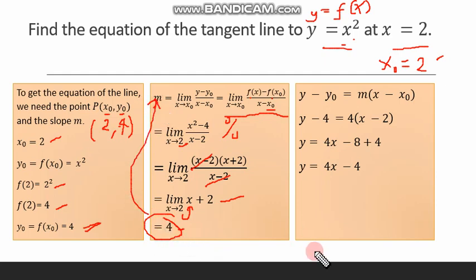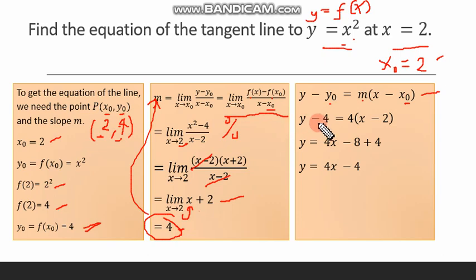Okay, the second step is to get the equation of the tangent line using the point slope form. y minus y sub 0 is equal to m times the quantity of x minus x sub 0. The x sub 0 is equal to 2 while the y sub 0 is equal to 4 and the slope is equal to 4 as well.